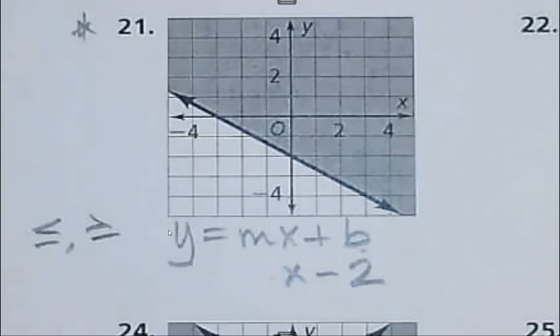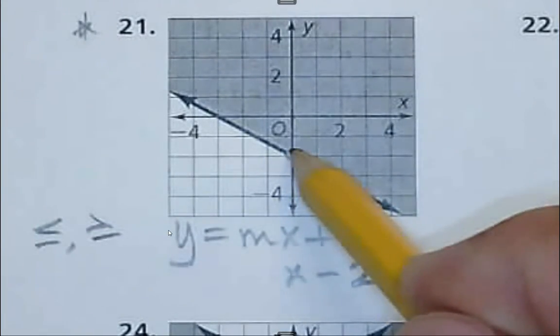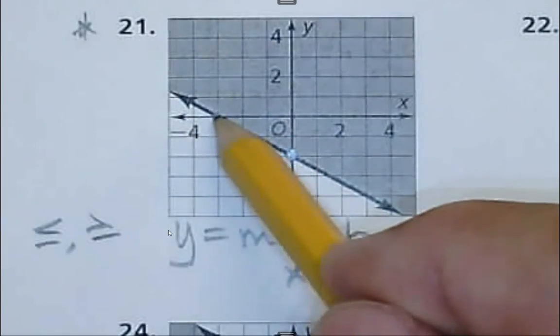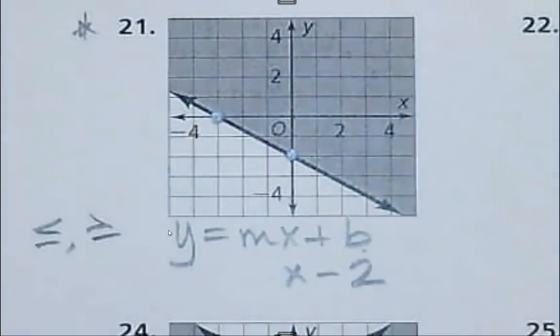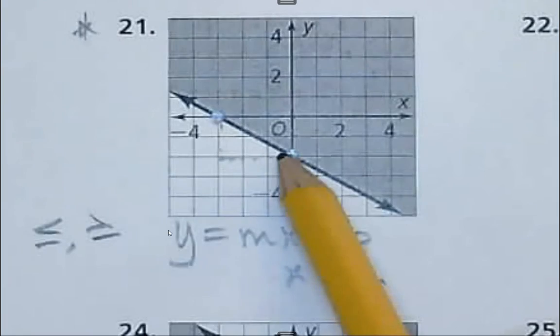So now the only thing we really have to figure out is what our slope is. So we have to find 2 points that really show us what that might be. So I'm going to go ahead and choose this point right here, the y-intercept that we figured out. And I'm going to go ahead and use this other point right here because it looks like it does cross right at those crosshairs. So again, if we're talking about slope, we're talking about rise over run.